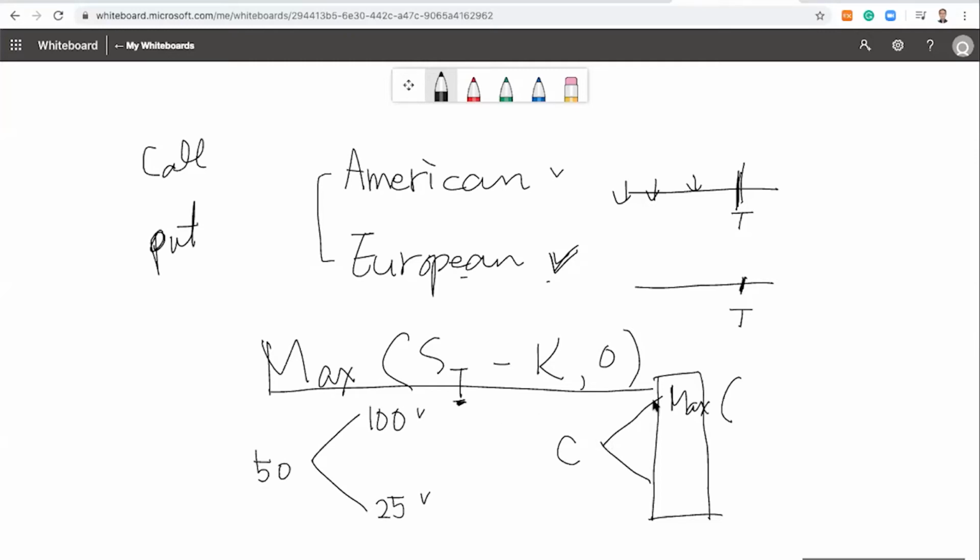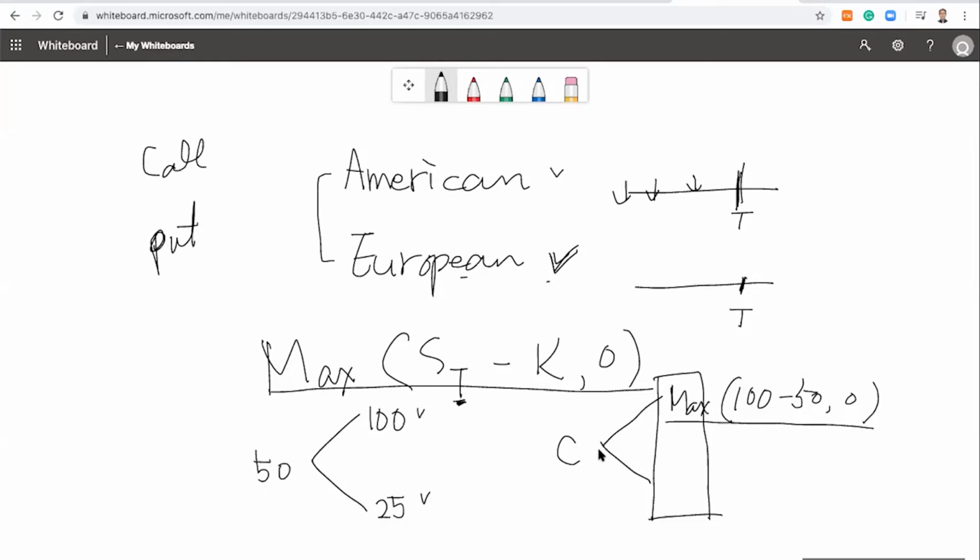Assuming the coin shows a head, that means the stock price shows you a head. So that means it's $100 minus K, and we assume that K is 50. So it's max(100 minus 50, 0). So that is the payoff in the upstate.